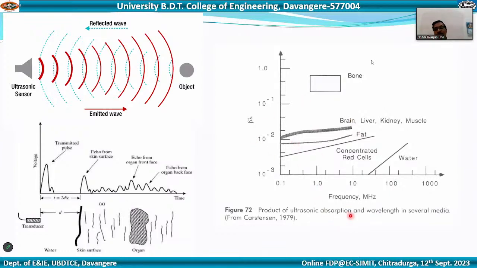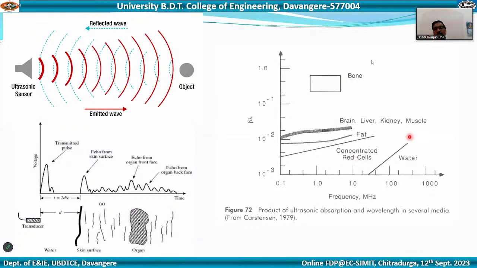This graph shows how the absorption of ultrasound varies for different tissues based upon the frequency. You can see here, based upon the frequency, the amount of attenuation, the ultrasonic absorption, varies. The bone is here, then brain, liver, kidney, muscle come under one group.